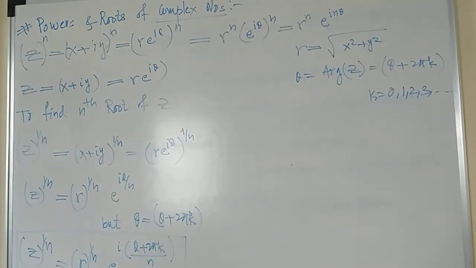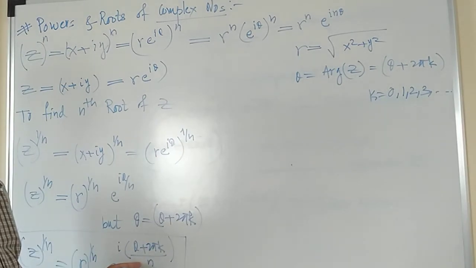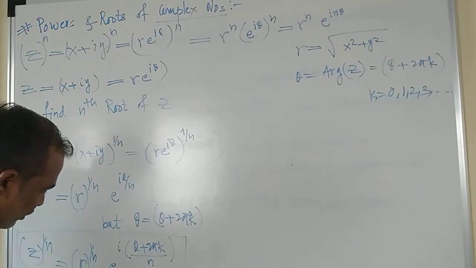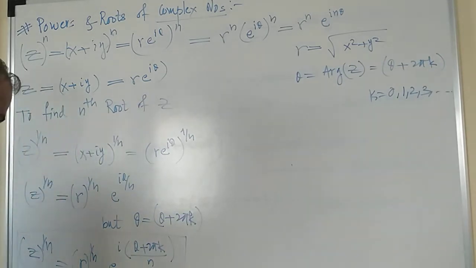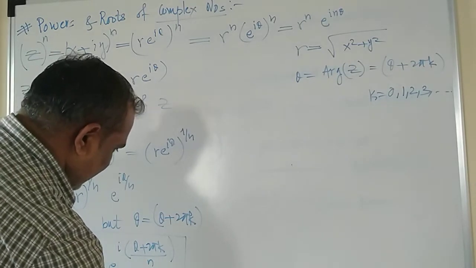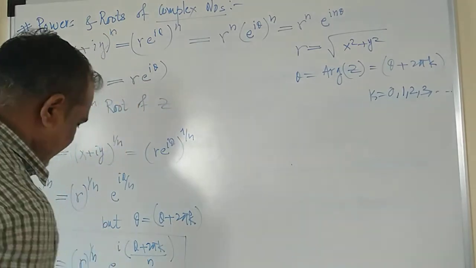Got it? So this is the way of calculating the nth root of a given complex number, right? Now you can modify this and write it in terms of cos and sin. So you can write this exponential form in terms of a polar form. So z raised to power 1 by n is equal to r raised to 1 by n into, in the square bracket, cos of theta plus 2 pi k by n plus i times sin of theta plus 2 pi k by n, right?